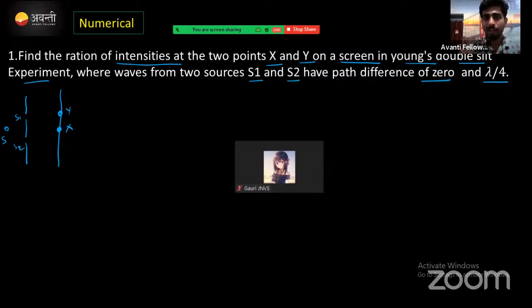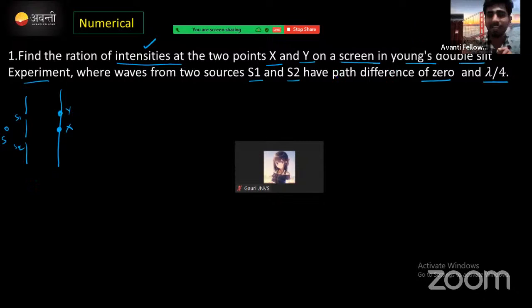Think of these as bright fringes, because they are asking for intensities, and only a bright fringe can give intensity. We need to find the intensity of these two points.